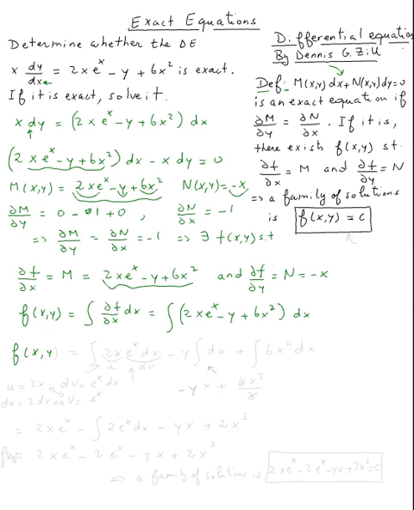So f of x, y is equal to the integral of 2x e^x dx minus, since y is a constant, I can just take it outside, y times the integral of dx, plus the integral of 6x squared dx.